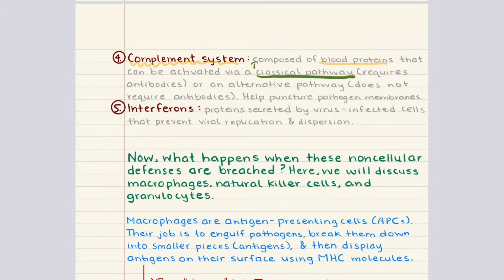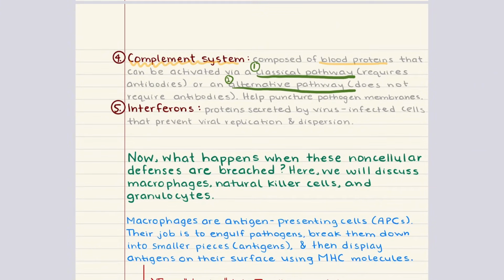The classical pathway is triggered when antibodies bind to antigens on a pathogen surface, and that's going to link the adaptive and innate immune response. In contrast, the alternative pathway doesn't require antibodies, and it can be activated directly by pathogen surfaces.